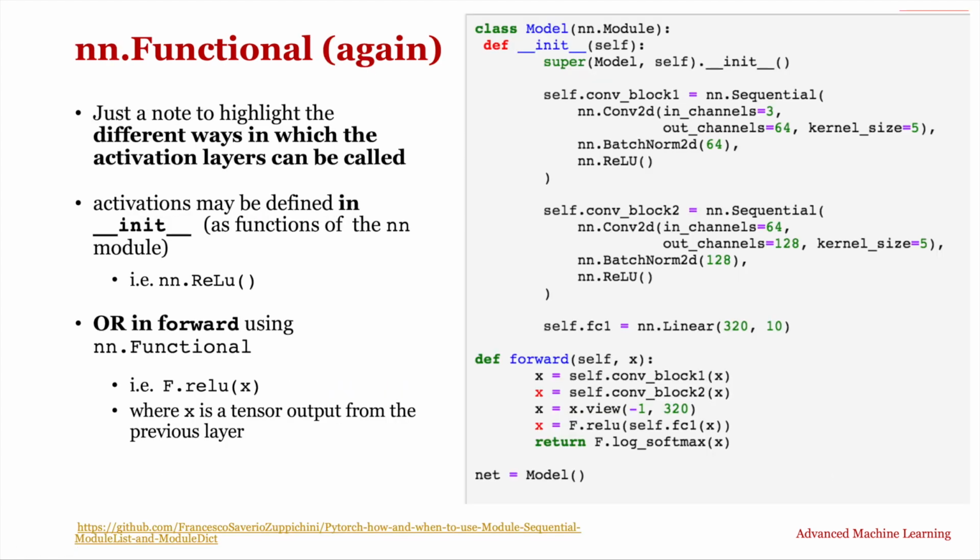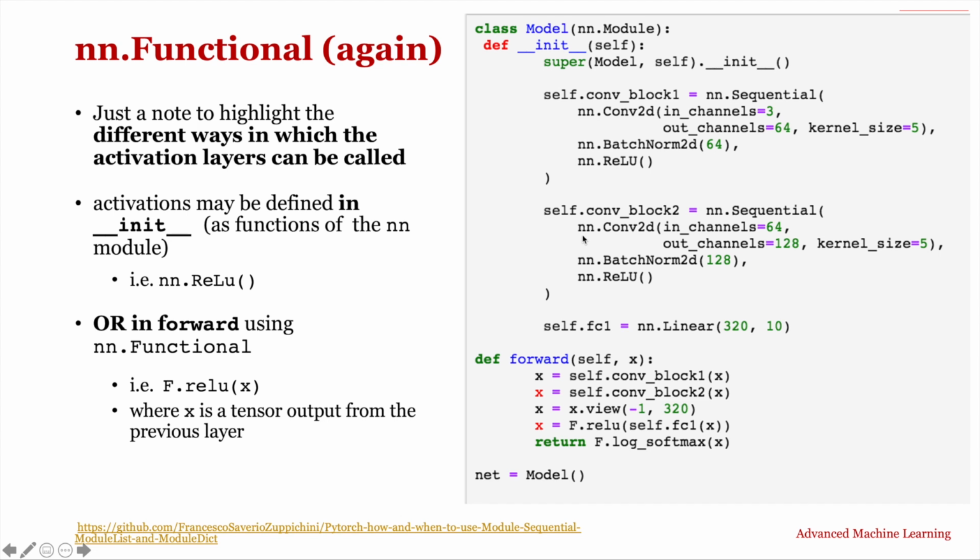Before we go on to training, I just want to directly address a point of ambiguity. I've told you as a rule of thumb, apply activations in the forward function using the functional forms. So here, F.relu, F.log_softmax. Actually, you can put them either in the constructor or in the forward function, where in the constructor you need to use the torch.nn versions.